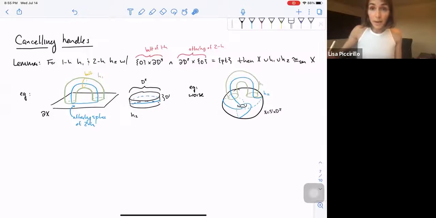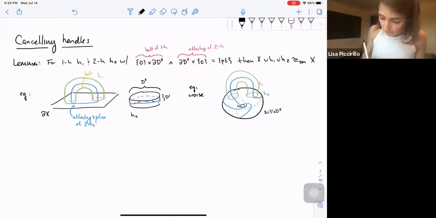So this satisfies the lemma. So when I stick my soup can on here so that its label goes along this blue curve, I'm supposed to get the solid torus back. And that's not at all clear to me from this picture. So I wanted to say something about how you prove this lemma, because I don't think it's so clear.